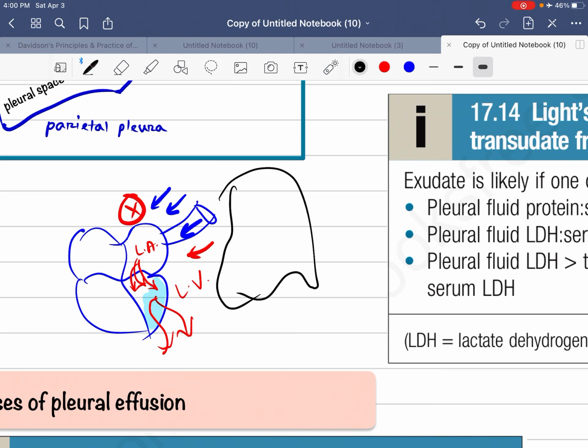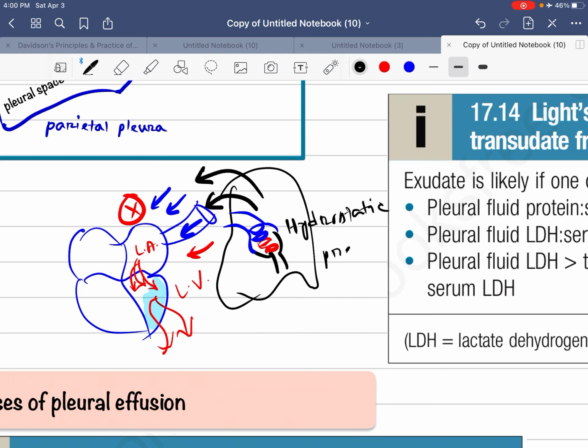Here is a capillary, and this capillary is known as pulmonary capillary. As the oxygenated venous blood cannot move forward due to the left atrium congestion, the hydrostatic pressure within this pulmonary capillary will rise.